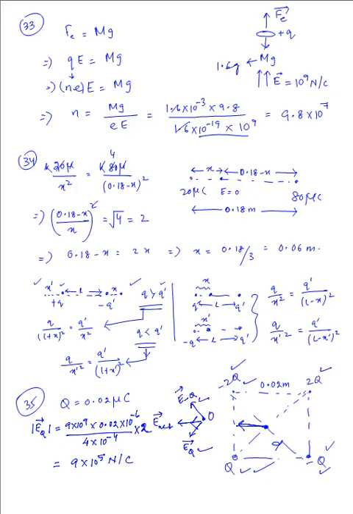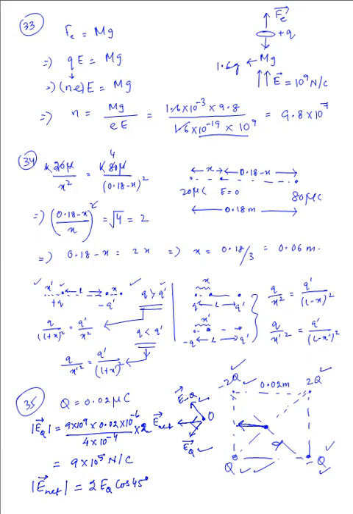Now, considering the angle being 45 degrees, you have cosine of 45 of E minus q and cosine of 45 of E plus q acting along the E net direction. So you have E net equal to 2 times E q, or E minus q, cosine of 45, because E q cos 45 plus E q cos 45 is 2 E q cos 45.